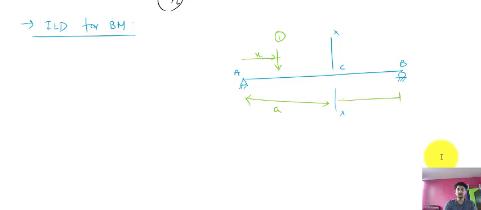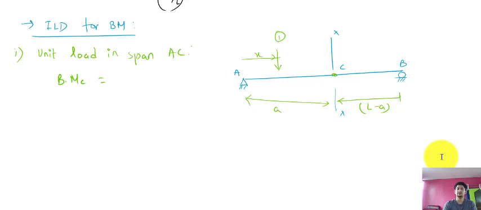Now when we have considered the unit load in span AC, you have to consider the bending moment equation at C point.